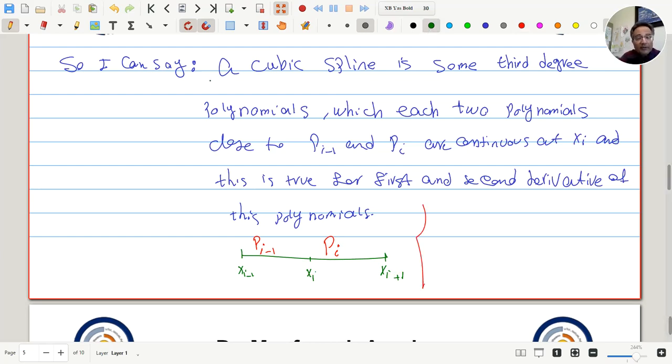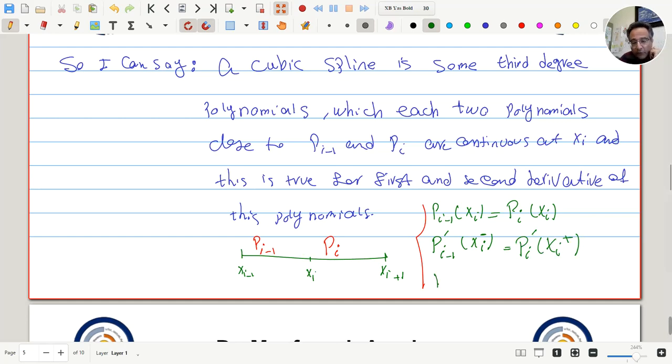The second property of the cubic spline says that pi minus 1 at xi should be equal to pi at xi. Also, p prime i minus 1 at xi from the left, consider here pi minus 1 can be defined over xi from left, should be equal to pi prime at xi from right.